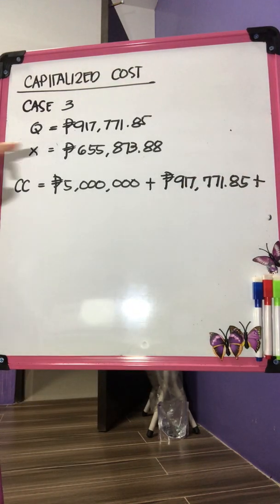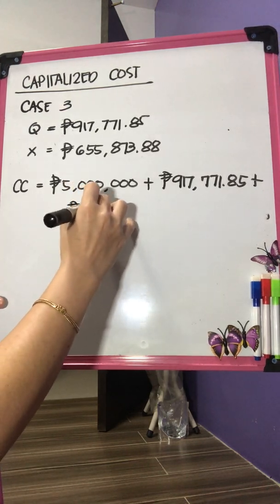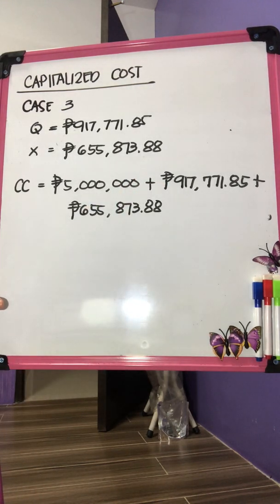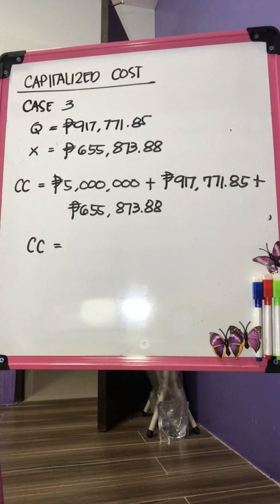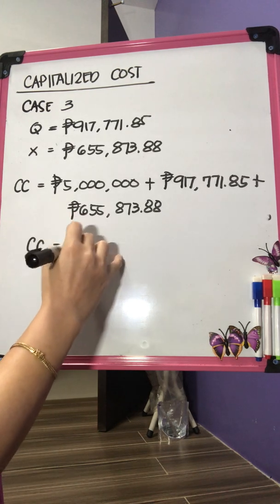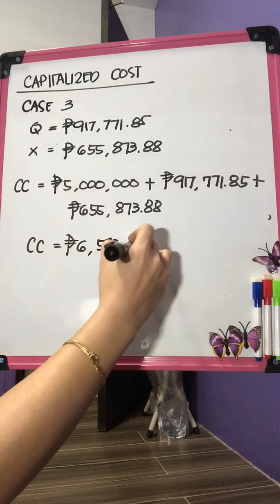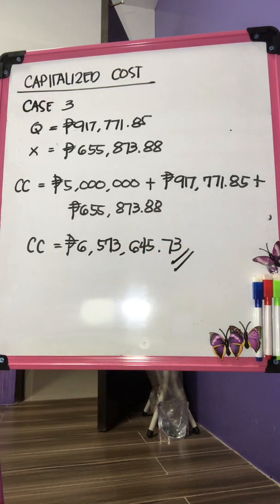Plus yun namang ating present worth for perpetual replacement, which is equal to 655,873 pesos and 88 centavos. Okay? So all in all, yung capitalized cost natin, or yung capital na kailangan ni company para ma-maintain at saka yung replacement ng ating mga equipment ng ating research laboratory is equal to 6,573,645 pesos and 73 centavos.